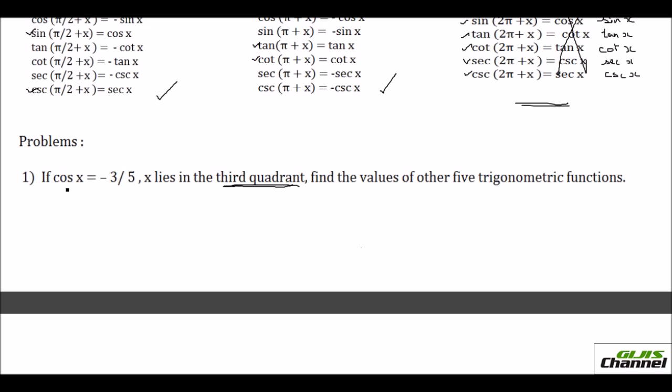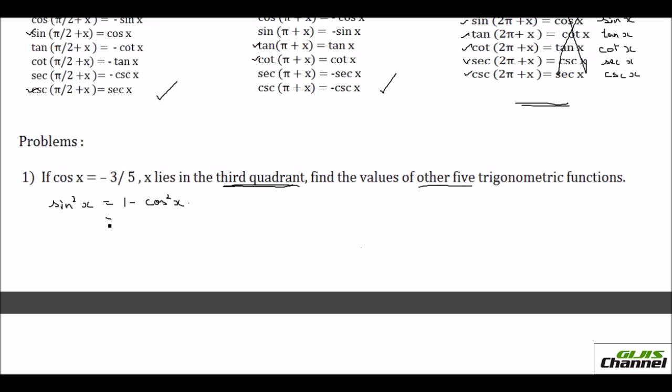First let me find out what they asked: all the other 5 trigonometric ratios. With cos, using the Pythagorean identity, I can find out my sine, right? So earlier I said sine square x is equal to 1 minus cos square x, right?